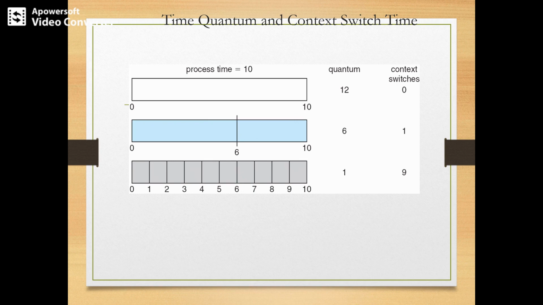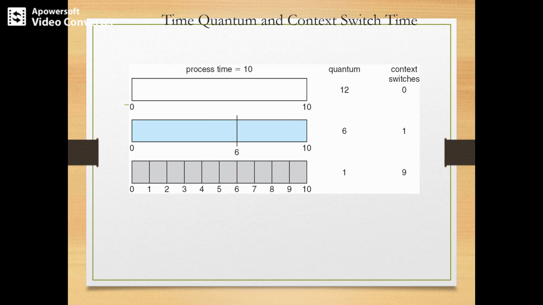In the second Gantt chart, you can observe that there are two processes, and the time quantum is set to 6 milliseconds. The first process has a burst time of 6 milliseconds. The second process has a burst time of 4 milliseconds. So it executes up till its burst time, not using the full time quantum.